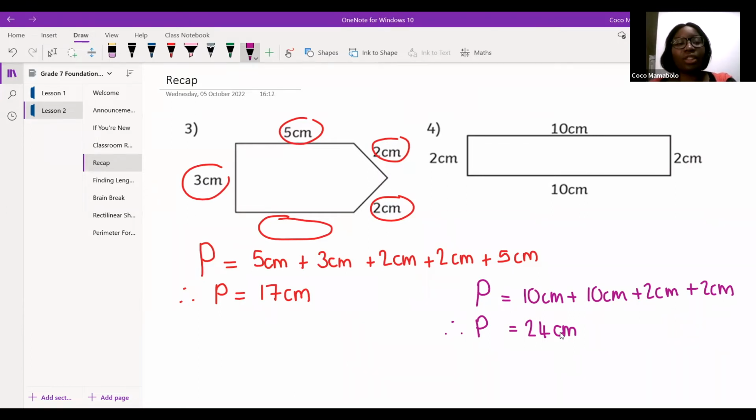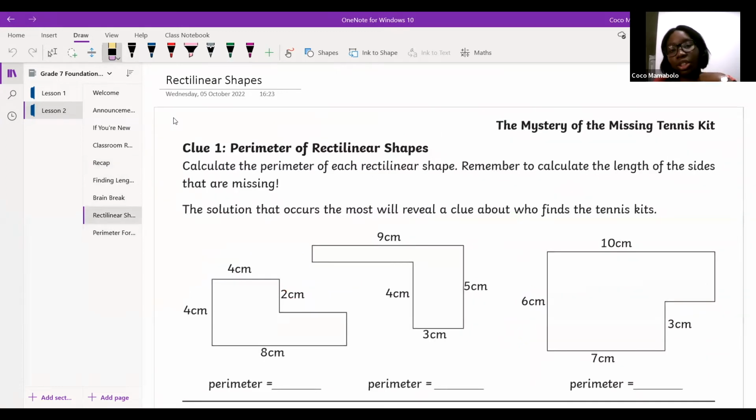Awesome. All right, guys. So this is what we did on Monday. If you were not here, we were calculating the perimeter around any particular shape. It's just a length. Now, I think we should do rectilinear shapes first.